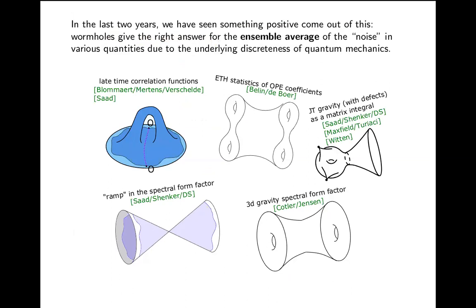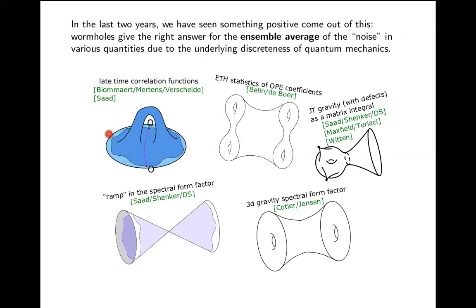And in the examples that have been computed, they're giving an ensemble average of the noise in various quantities due to quantum mechanics. I'll draw you some plots of what I mean by the noise due to quantum mechanics on the next slide. But here I just have some pictures of different wormholes that people have computed in the last couple of years and what they're related to.